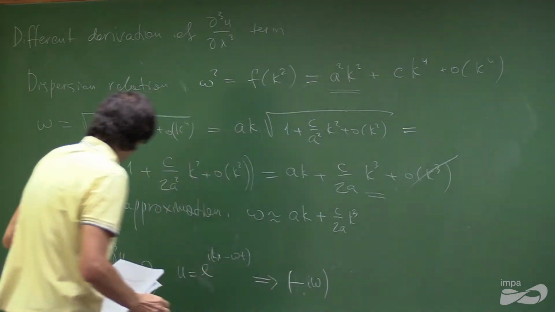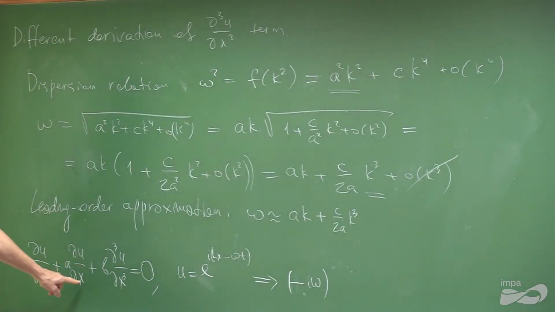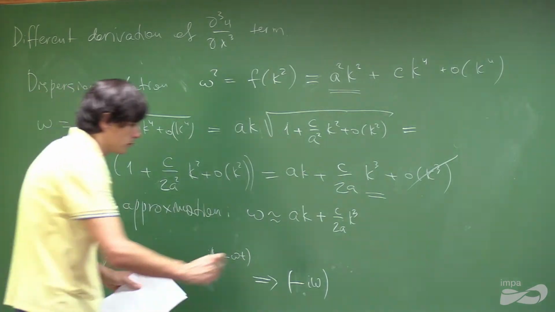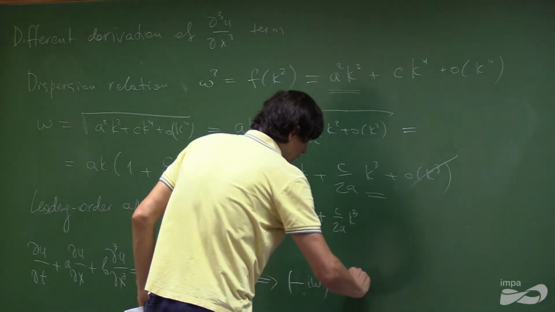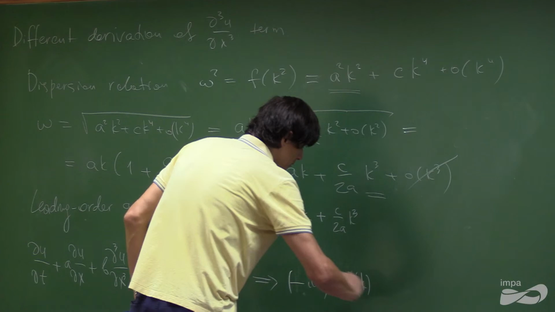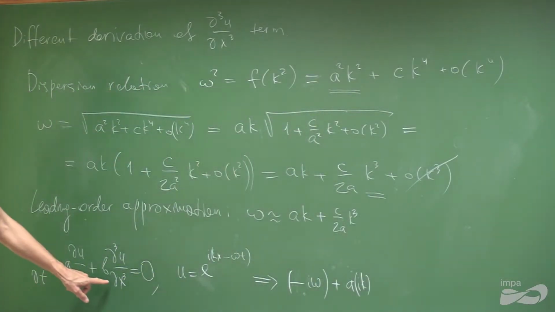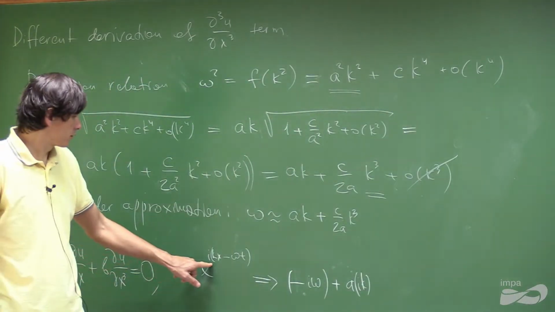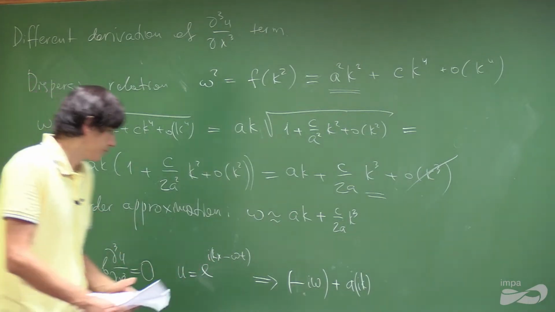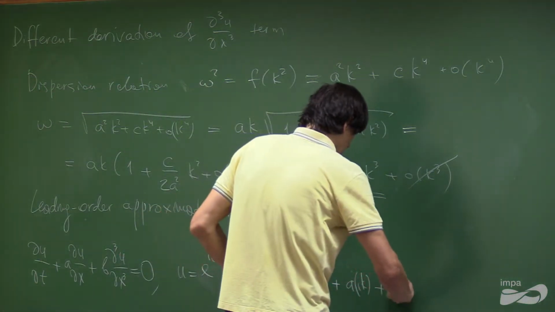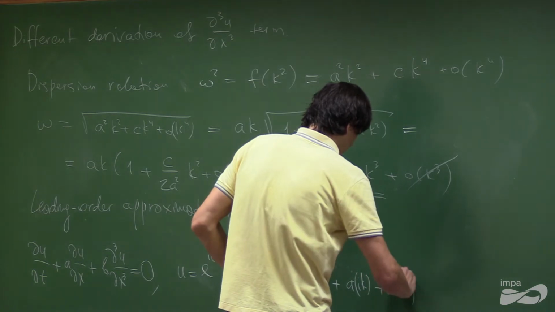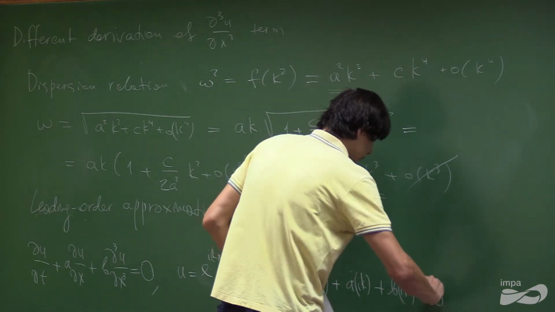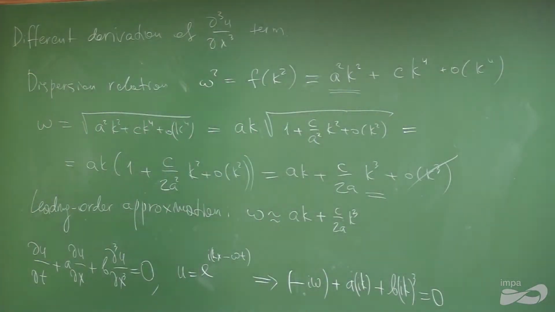In x, it will give you ik, so plus a ik. And the cubic derivative gives you ik to the third, so ik cubed.